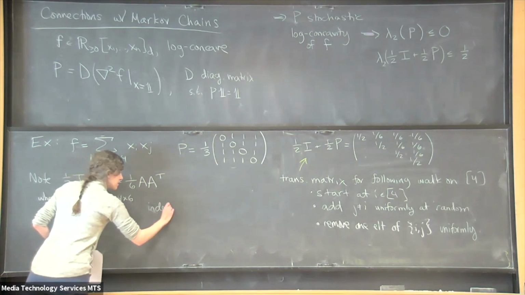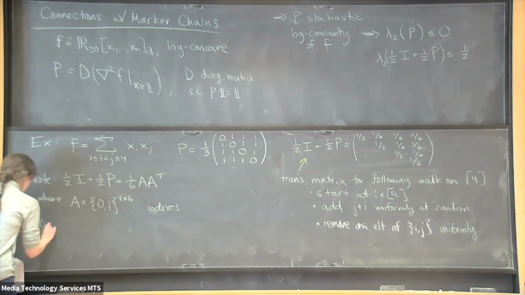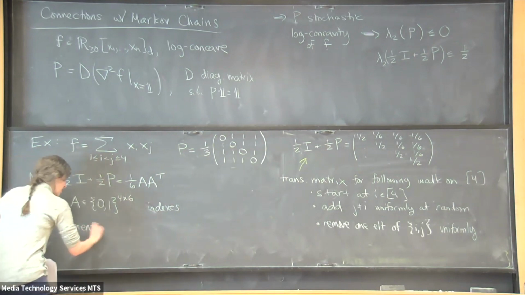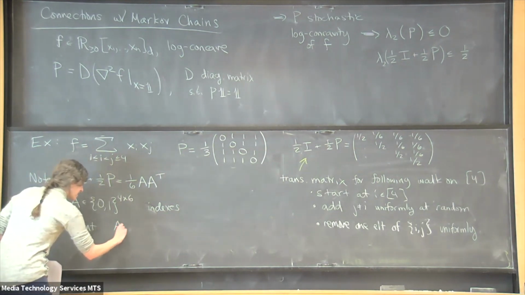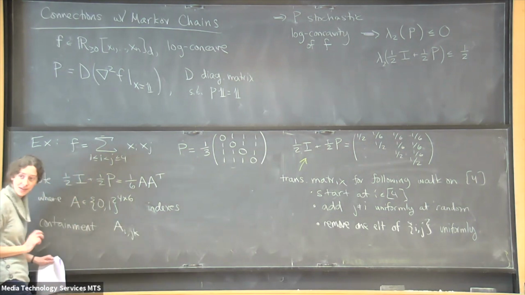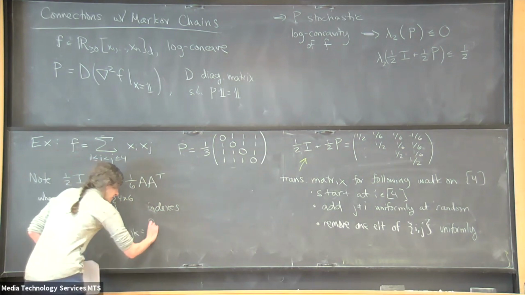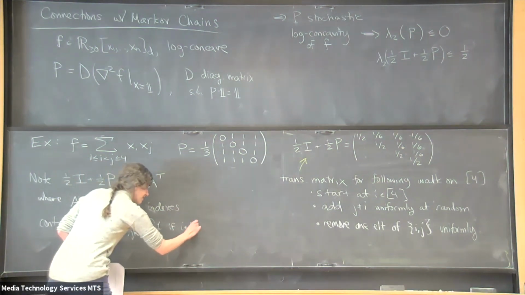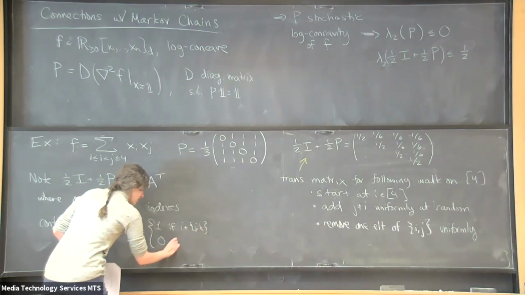So if I look at the rows as singletons and the columns as subsets of size 2, it's going to be 1 if i belongs to the subset {j, k}, 0 otherwise.